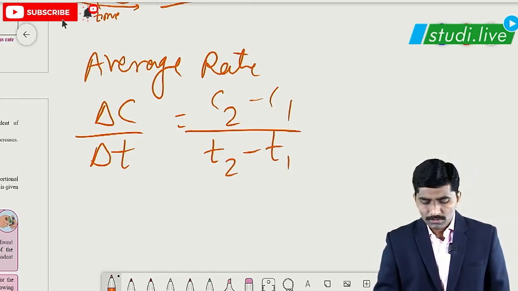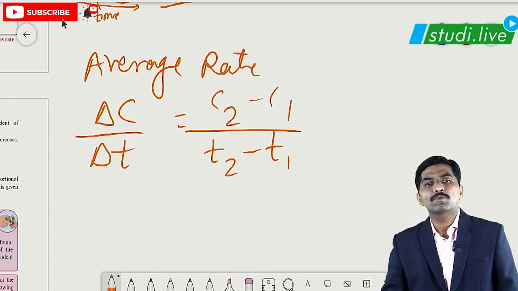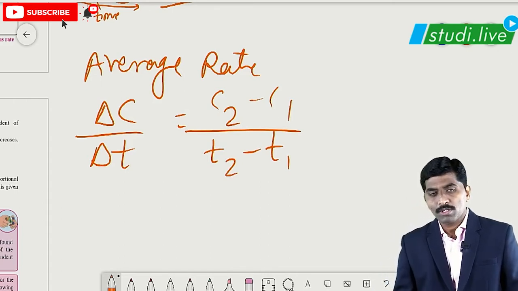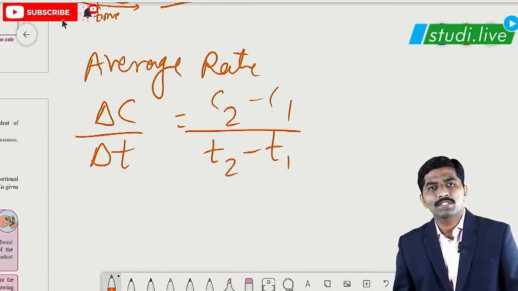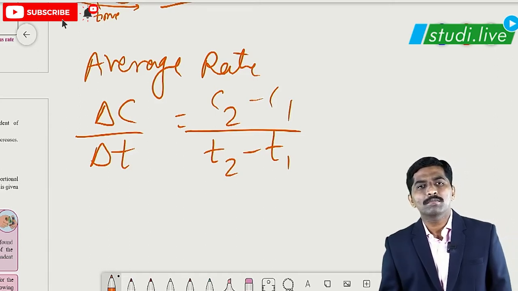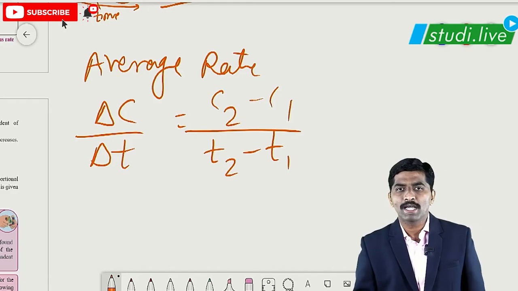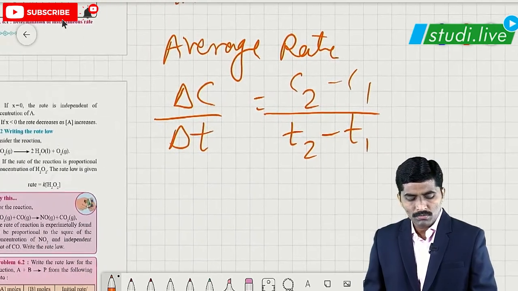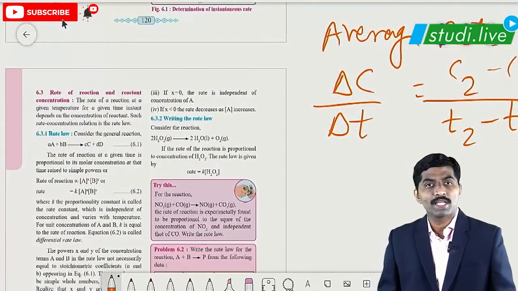Okay. So C2 and C1 represent what? Final concentration of reactant and initial concentration of reactant. T2, T1 indicates what? Final time minus initial time. So this is how two different types of rate of reactions are given.